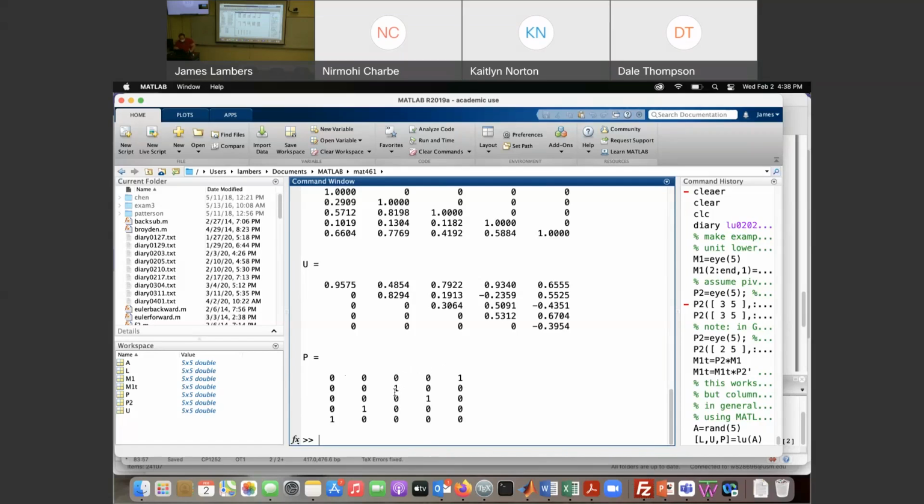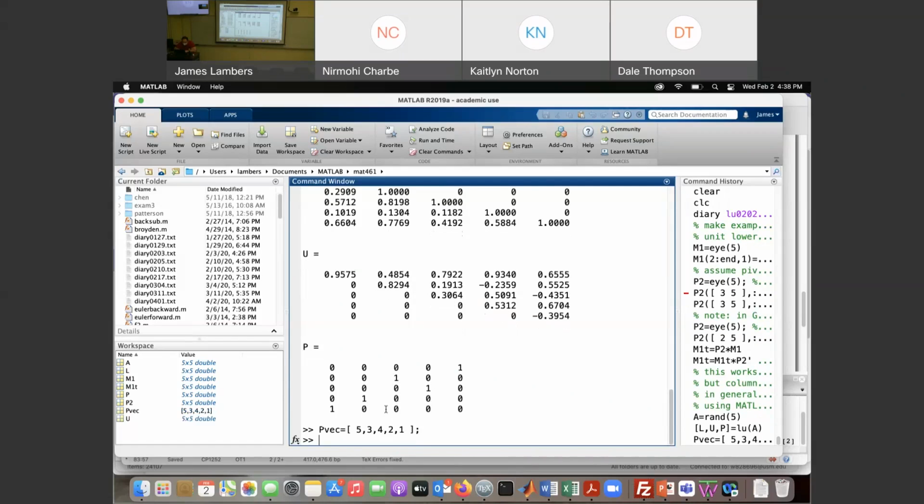So I'm going to make a vector of those indices: 5, and then 3, and then 4, and then 2, and then 1. Those are the scrambled indices.